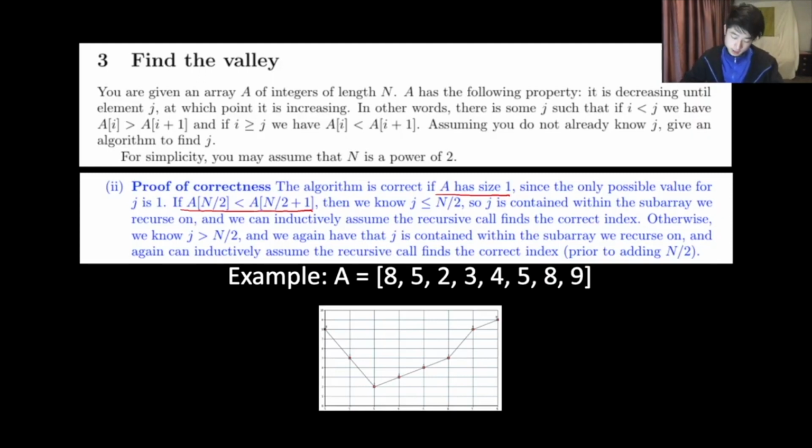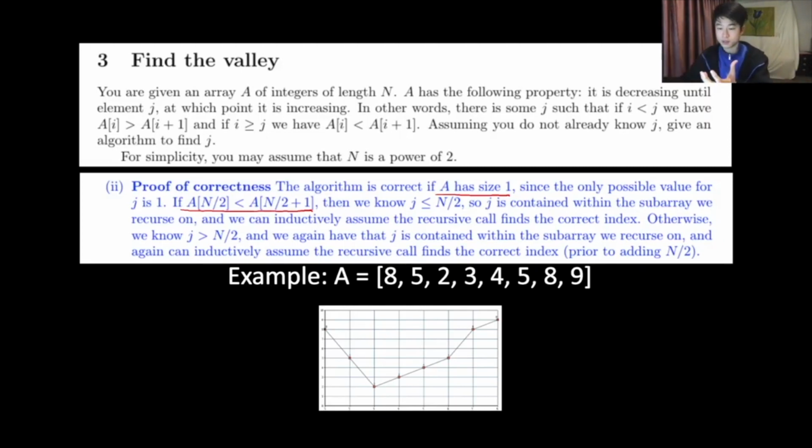And then similarly, if the middle element is greater than the element directly to its right, that means the value in this big array has to be on the right side.